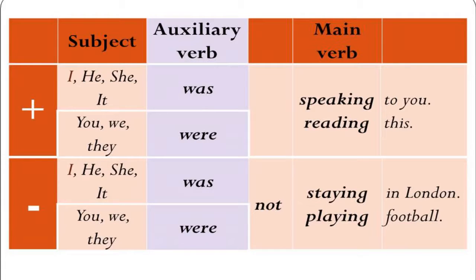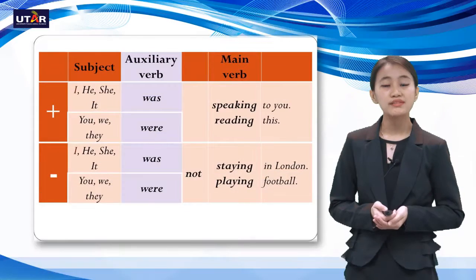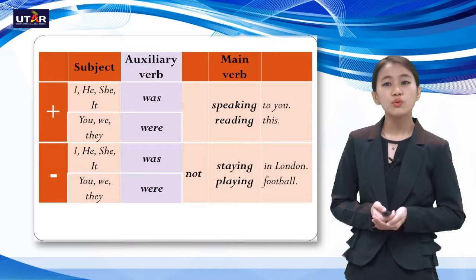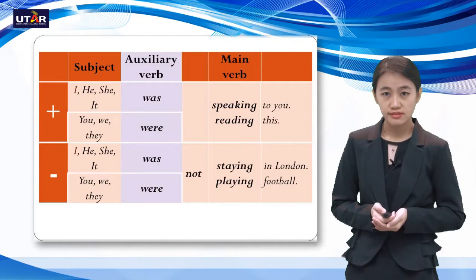That is why it is followed by the singular be verb, which is was. Now again, after your be verb, was or were, your main verb must be in ing. So if I were to read an affirmative sentence for a singular form, I was speaking to you. Whereas in plural form, you were reading this.